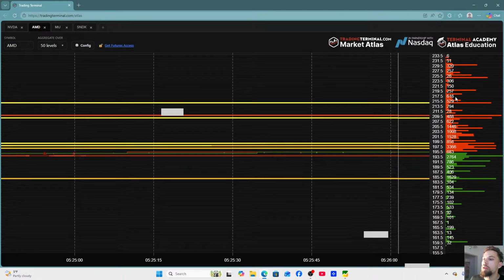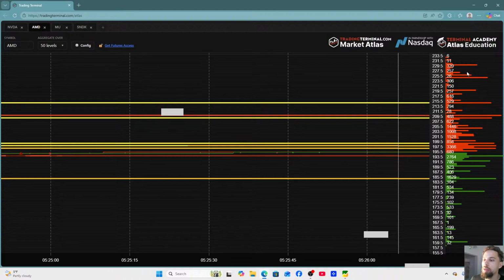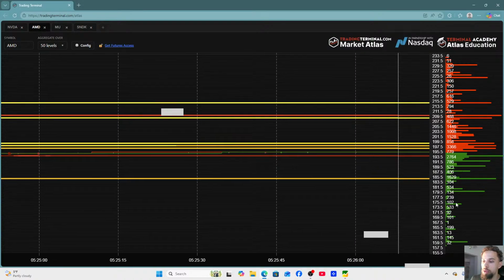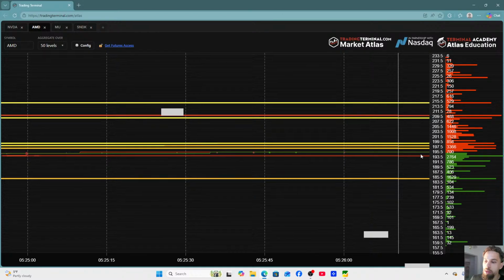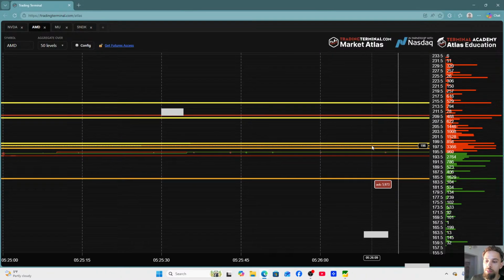Sometimes the upper ladder, those sellers, the orders above the current price, look much more full and this one looks much more empty. That means liquidity may pull toward where price can get filled.